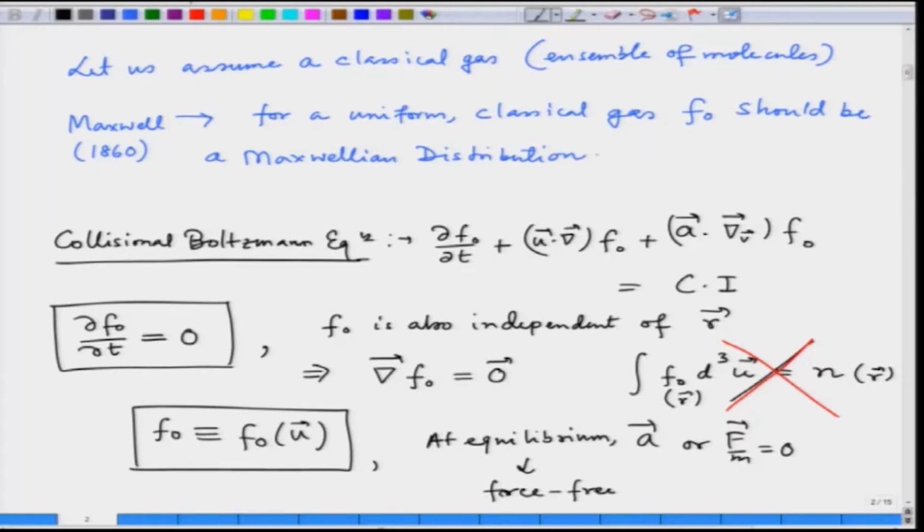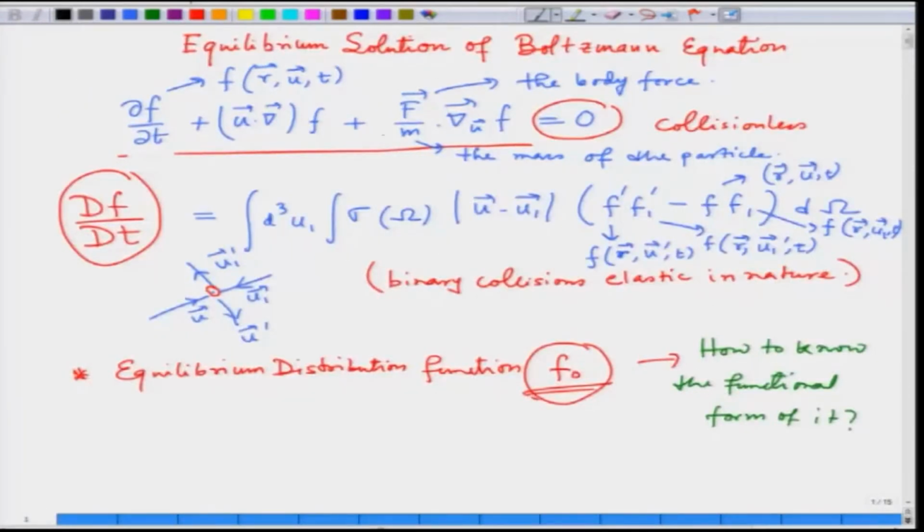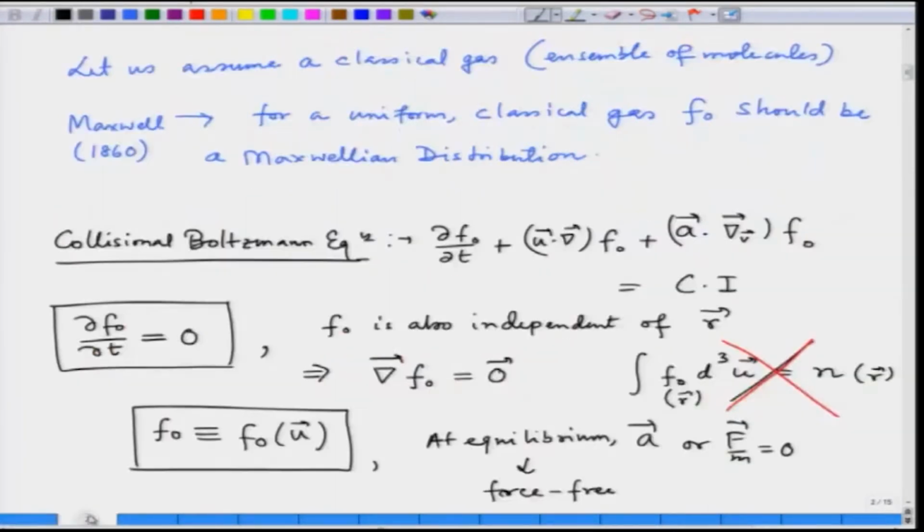So, it is a force free state. So, the third term is also 0. So, this one is 0, this one is 0, this one is 0. So, the whole left hand side is 0.